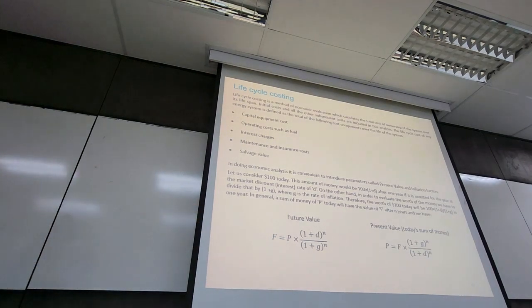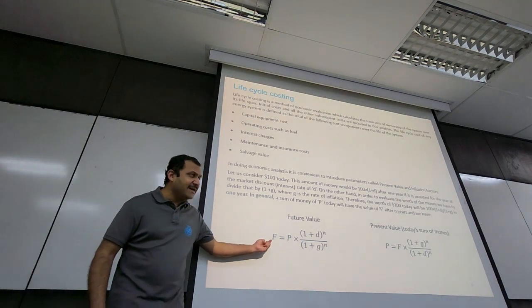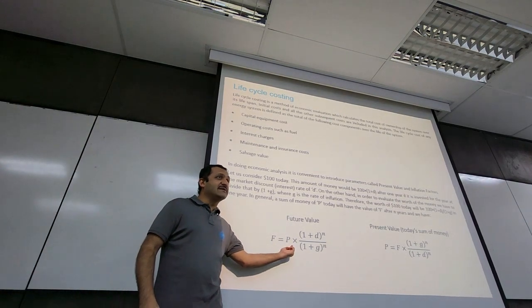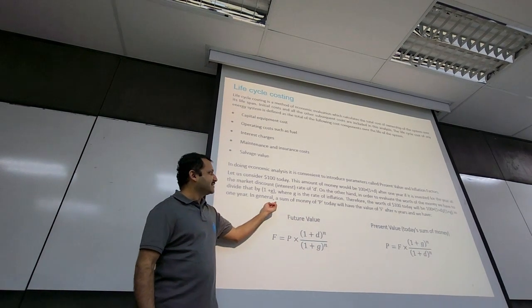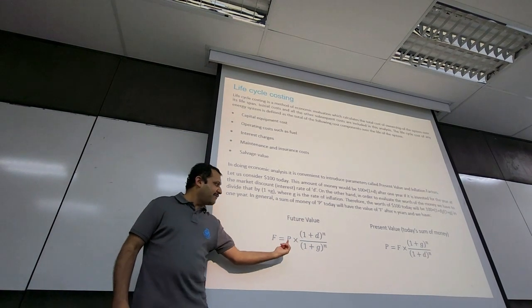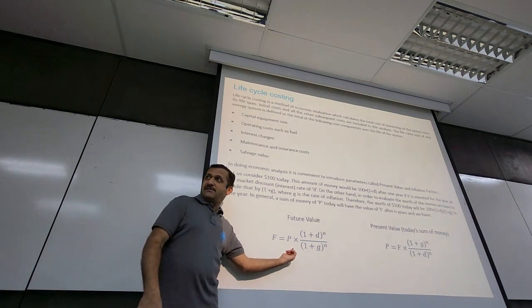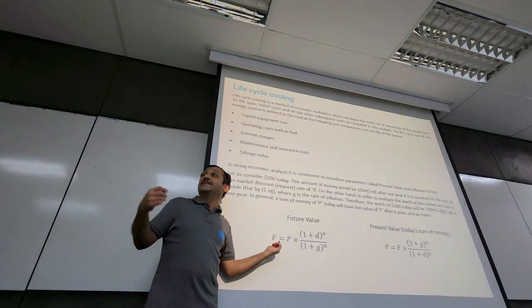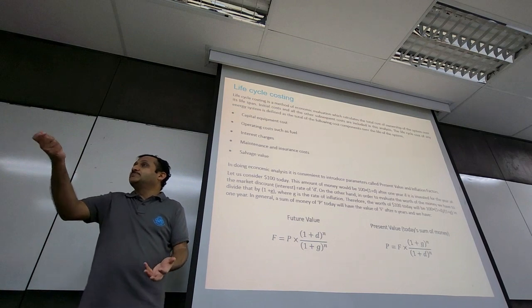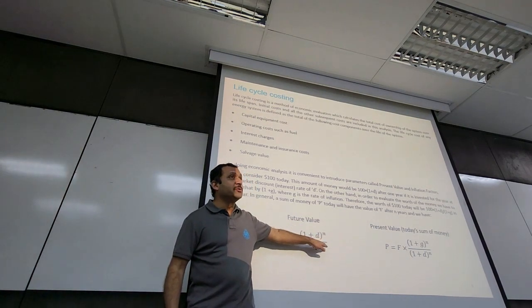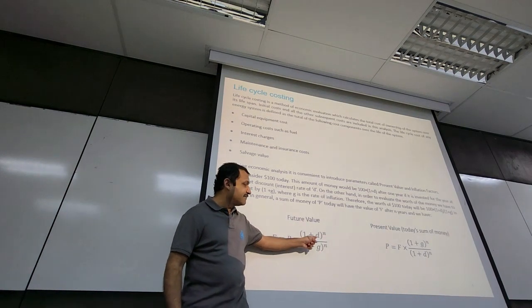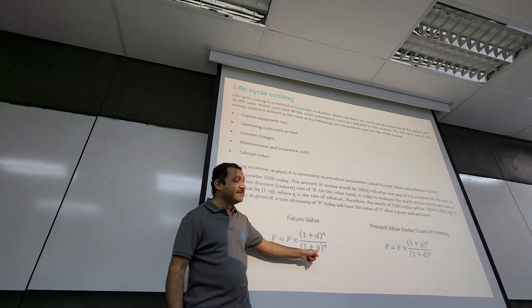So, the first equation is talking about the future value of the present amount. That is the sum of money today. If you have $100 today, how much would that $100 be worth after n number of years? After 1 year, 2 years, 10 years, 100 years, if the discount was that much, inflation was that much.